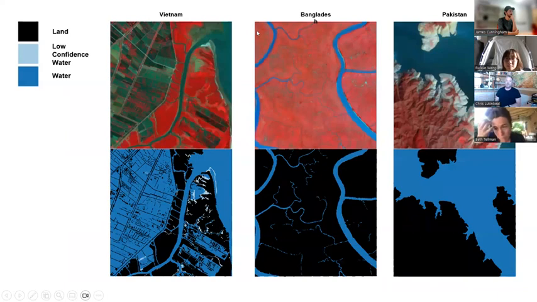And here are some of our products that we can see, covering the world, and also different kinds of water bodies, from fields to rivers to lakes or water reservoirs.